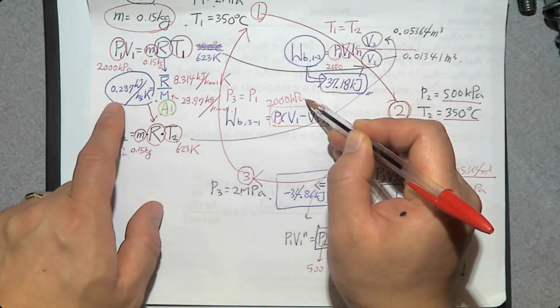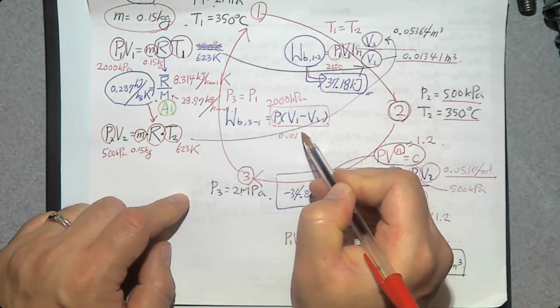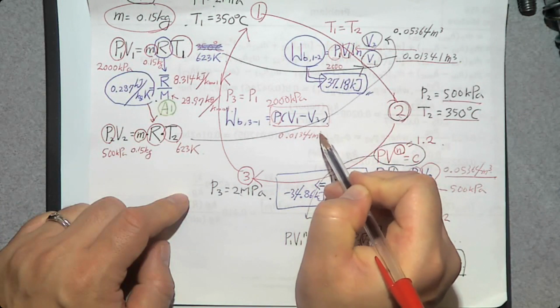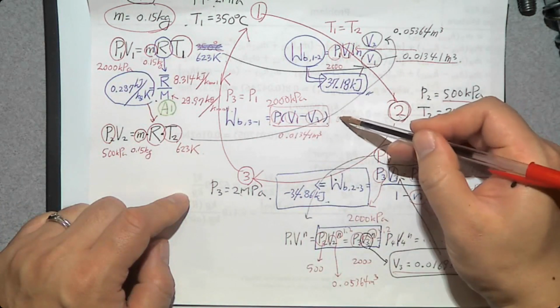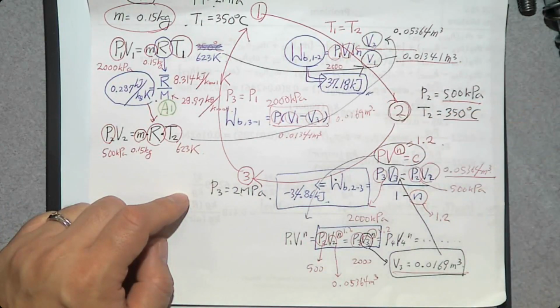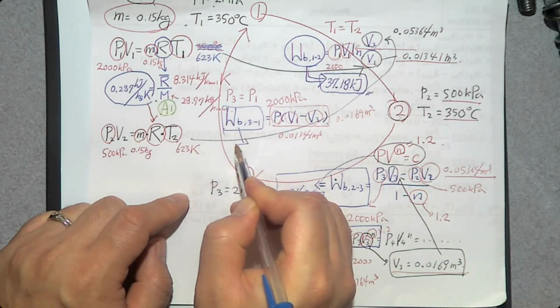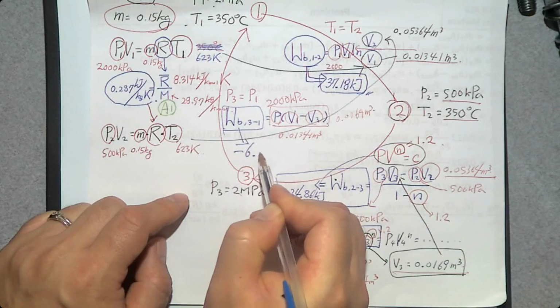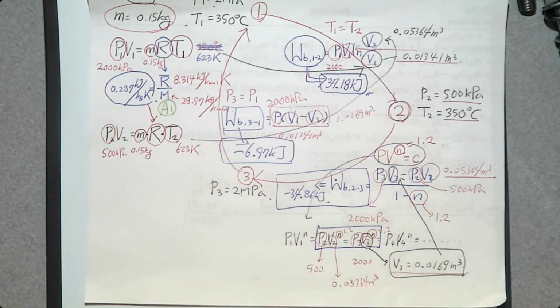V1 has been found from this equation here, 0.01341 cubic meters, and V3 has been found already here, 0.0169 cubic meters. So you can determine the moving boundary work between 3-to-1. That is minus 6.97 kilojoule.